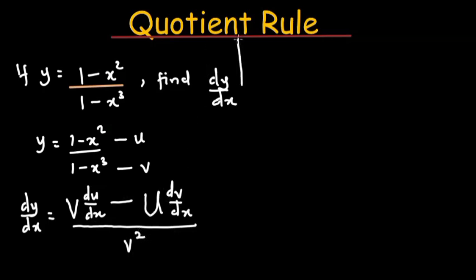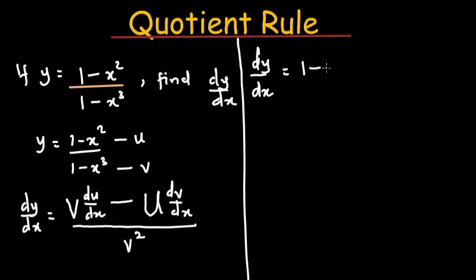So dy dx will be equal to v, which is your denominator, 1 minus x cubed, multiplied by du dx. What is du dx? When I differentiate u with respect to x, differentiating 1, I'll have 0 because differentiating a constant gives you 0.